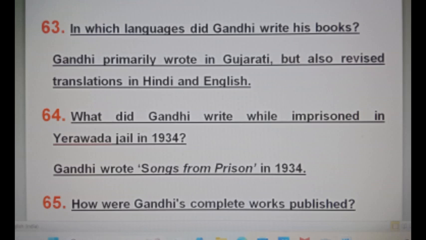Gandhi primarily wrote in Gujarati, but also revised the translations in Hindi and English. What did Gandhi write while imprisoned in Yerwada jail in 1934? Gandhi wrote songs from prison in 1934 while he was in Yerwada jail.